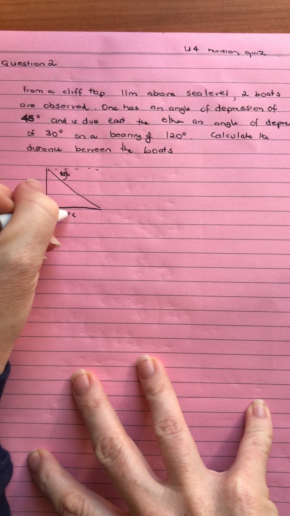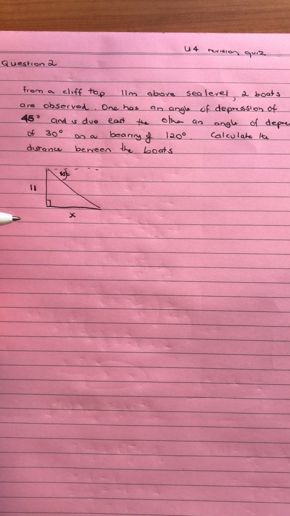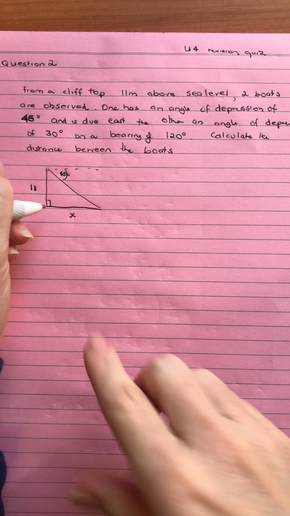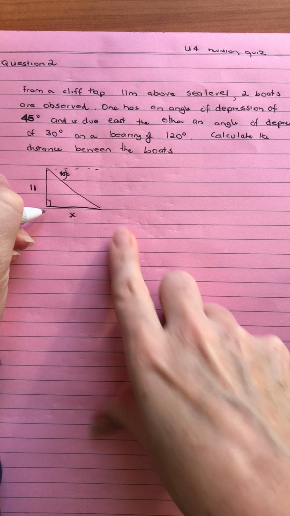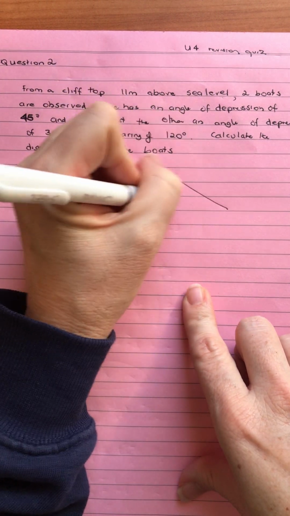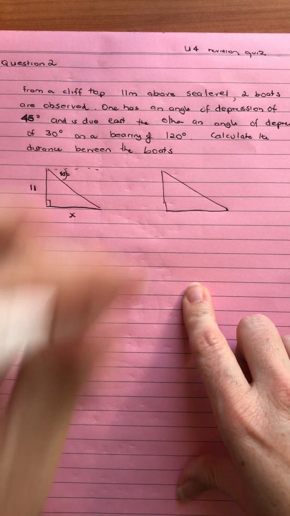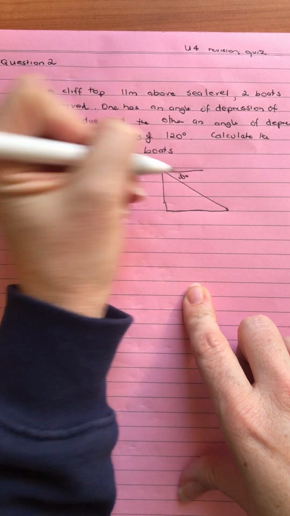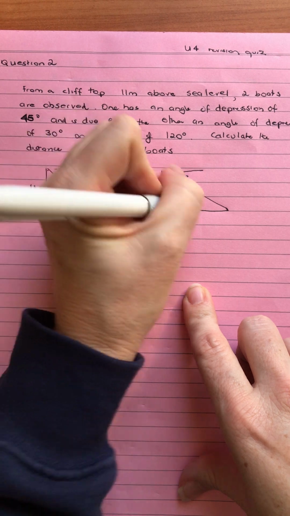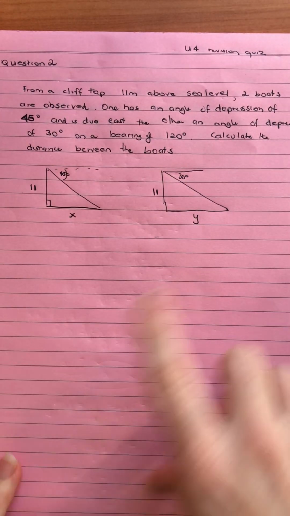So we can find this value down here on the ground, at sea level, the distance of the boat from the cliff base. And then we can do that for the other boat, whose angle of depression is 30, and we've got that height of the cliff there, and find its distance there.